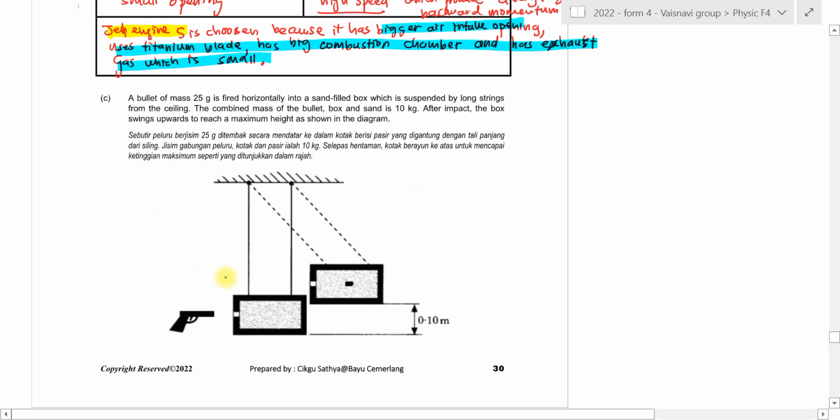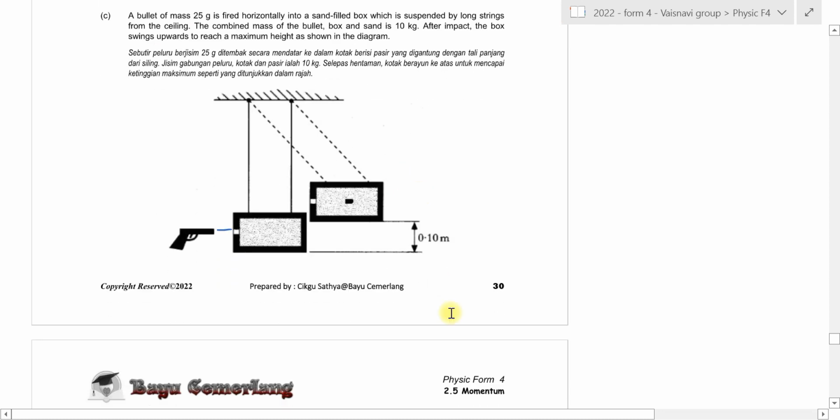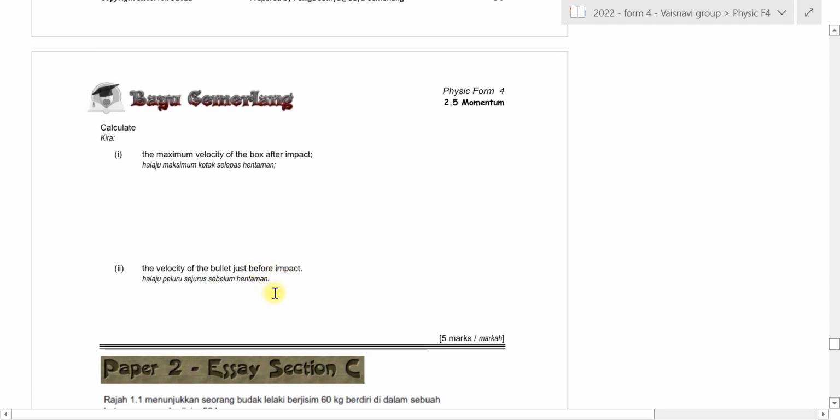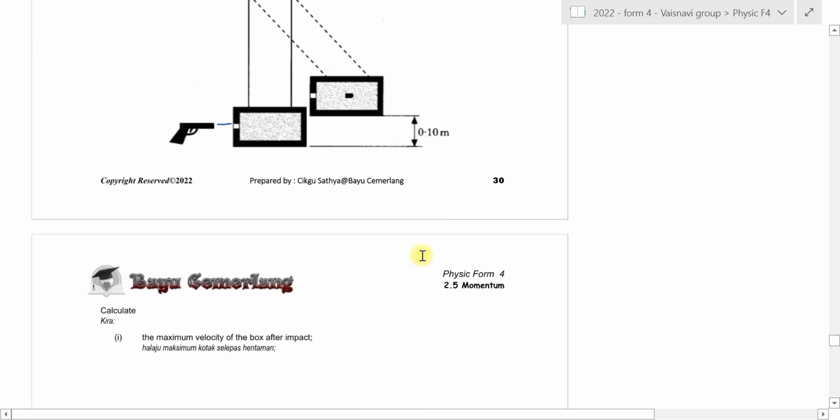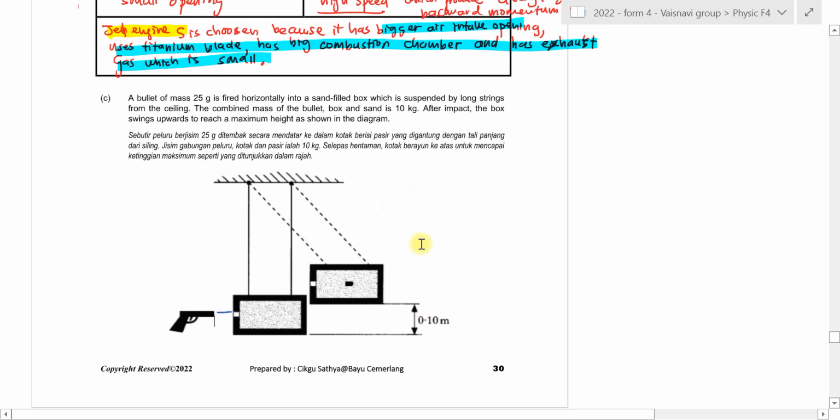Okay, ini contoh kamu shoot the swing and the swing go backward due to the momentum. Okay, kita tengok. I kaitkan momentum tu dengan, as usual lah, the kinematic formula. Alright, right. We see first. Don't give up. This question might be easy only.